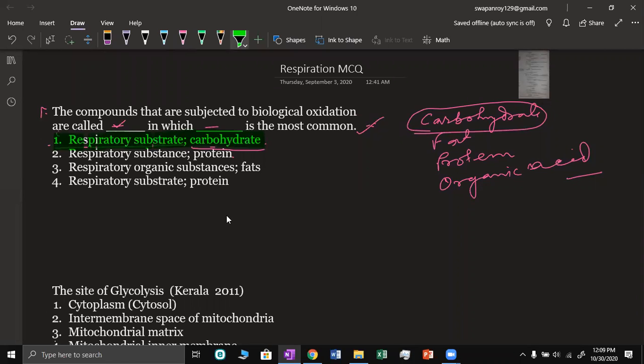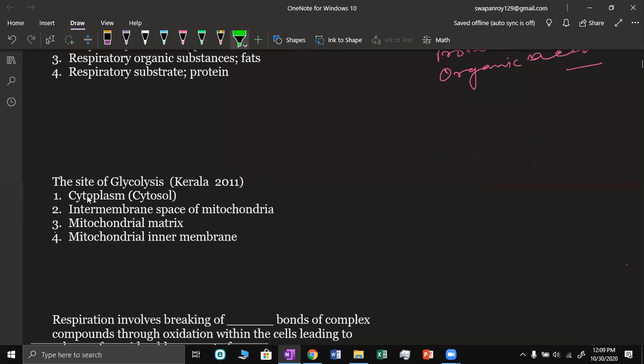Come to the next question. Site of glycolysis. This was asked in Kerala 2011. The options given are cytoplasm, intermembrane space of mitochondria, mitochondrial matrix, and mitochondrial inner membrane. What is the site of glycolysis?